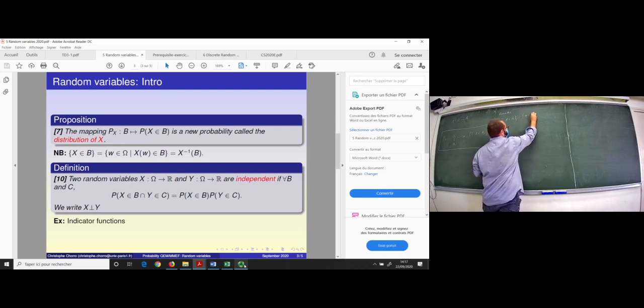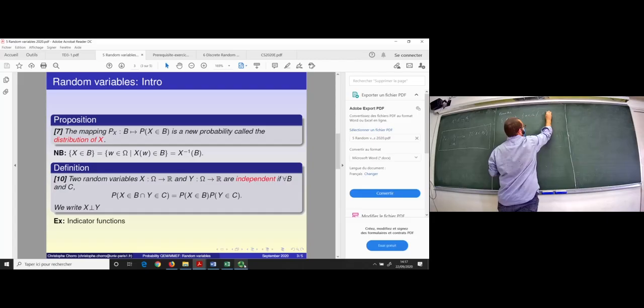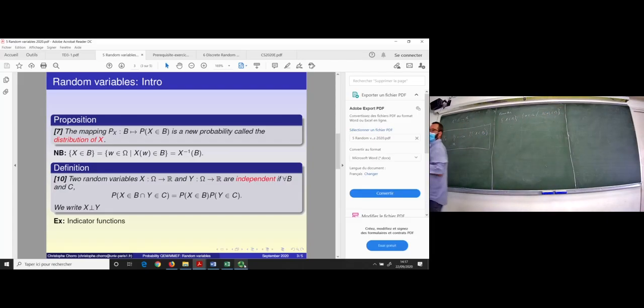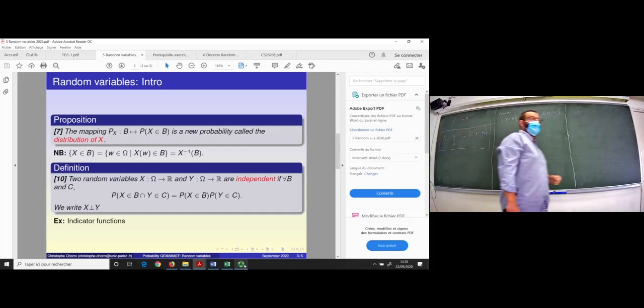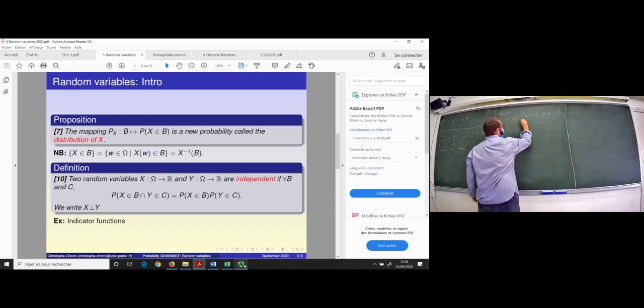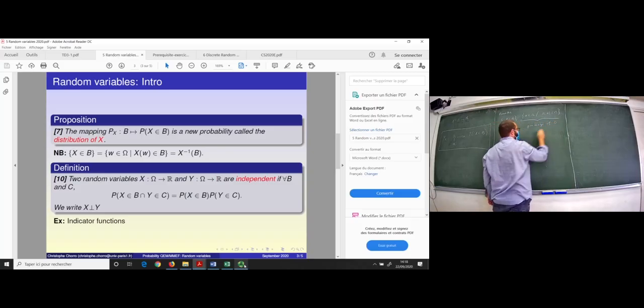It's the set of W belonging to omega such that X of W belongs to B. This is what we call the pre-image of B by capital X. It is the set of points in omega such that the image belongs to B.